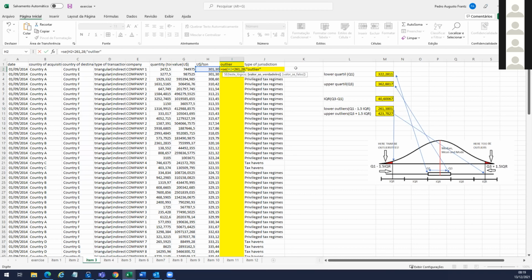Else, again, if my price is higher than this value, 423.78, type outlier. Else, type nothing.